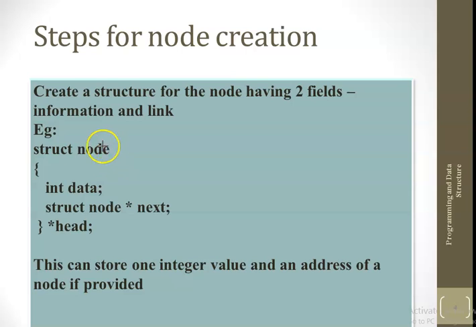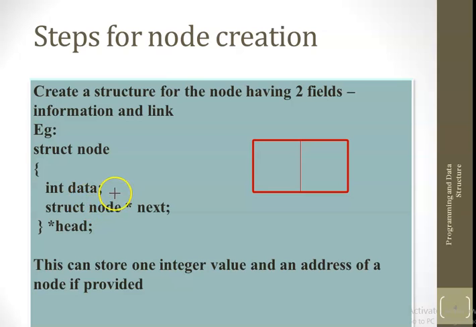When we define a structure like this, we can have pictorially the node representation, and this can be a node which is having minimum 2 fields.